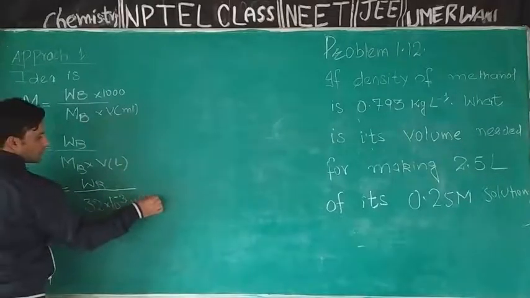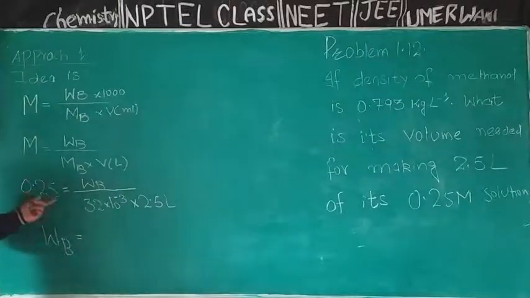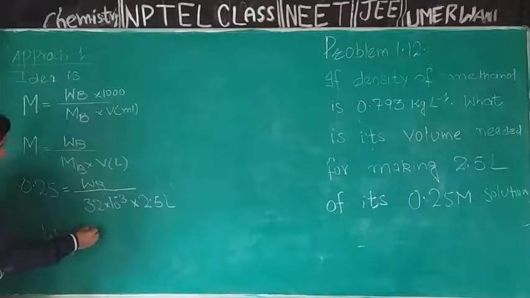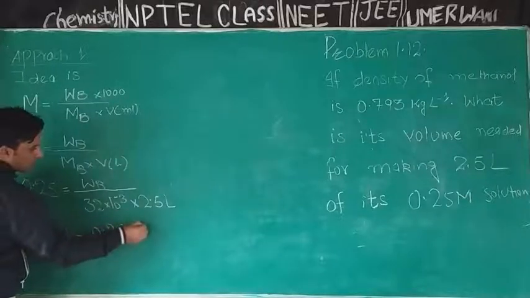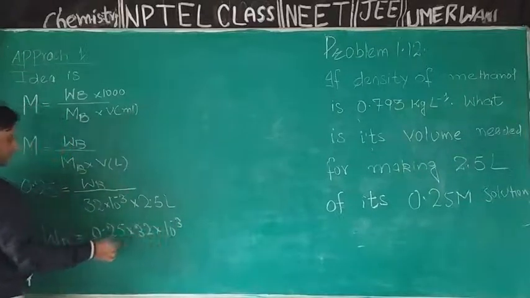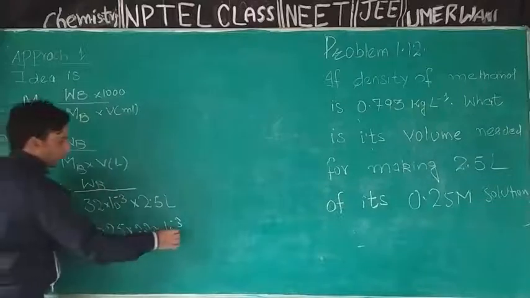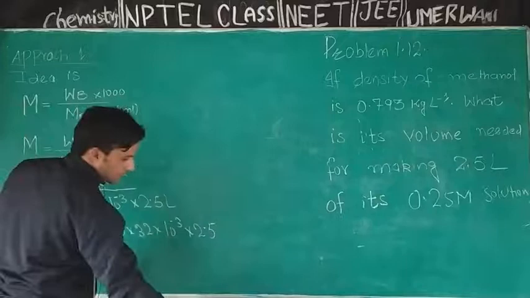From here I will get weight of methanol that is required to prepare 0.25 molar solution in 2.5 liters, and it will come equal to 0.25 multiplied by 32 multiplied by 10 raised power minus 3 multiplied by 2.5, and I have already calculated this thing.